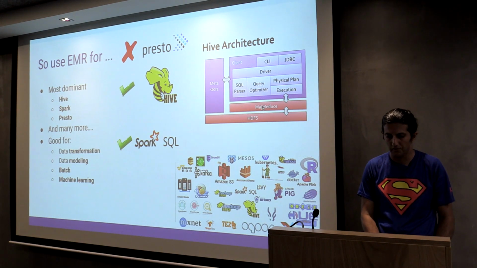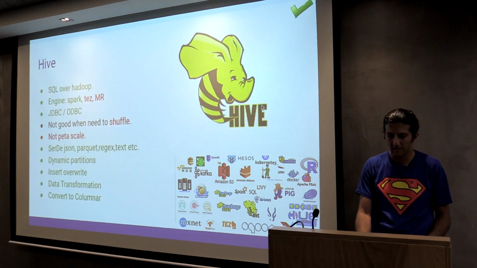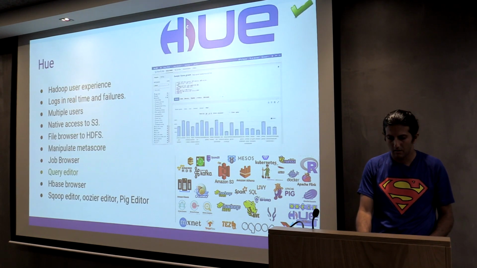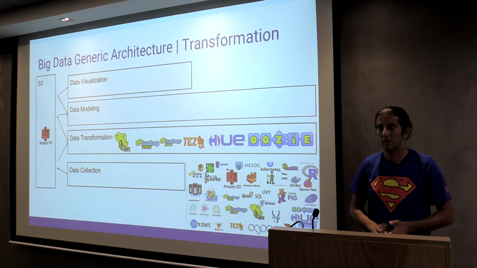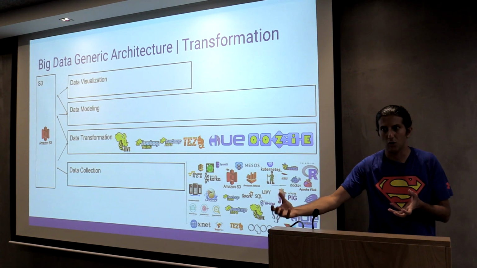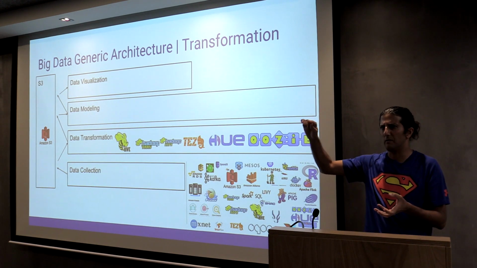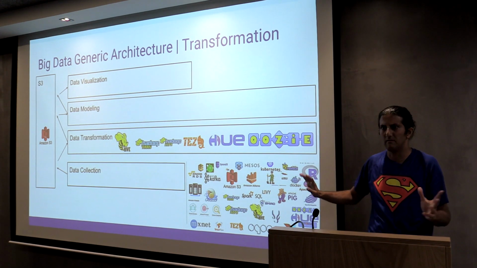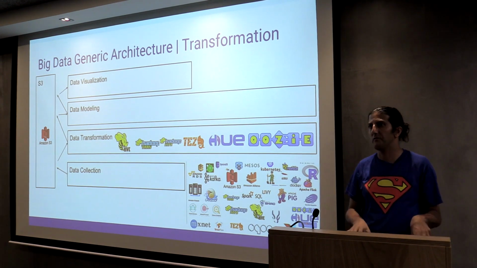Instead of MapReduce, you can put here Spark, you can put here Tez. The default is Tez in EMR, but you can change. If you use Hive, you are using in the background an engine called Tez. But you can do set engine equals MapReduce, something like that. And that's it. Question about transformation layer?